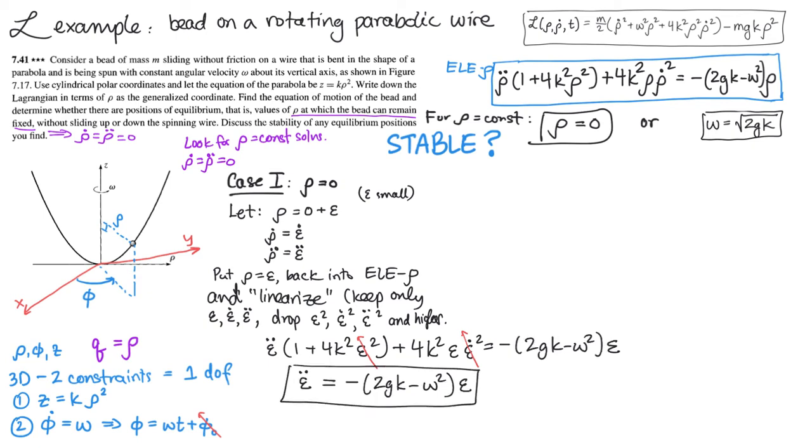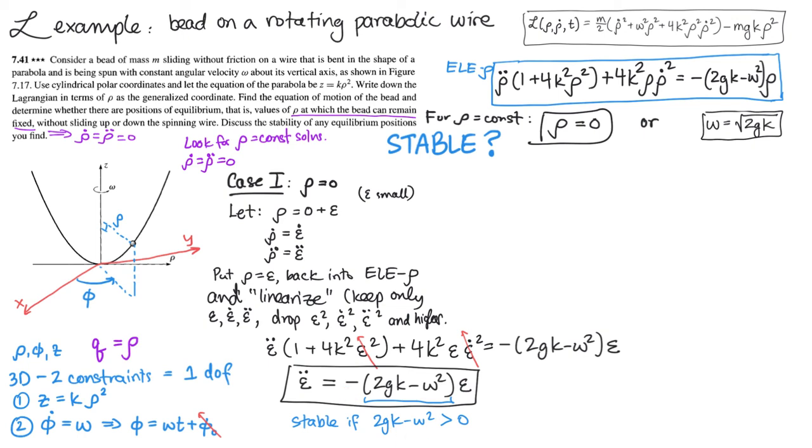This is an equation of motion that looks a lot like a mass on a spring, right? A function's second derivative gives you back minus a constant times that function. So this is stable as long as the term in the parentheses is positive. So this is stable if 2gk minus omega squared is positive, so that the overall relationship between epsilon double dot and epsilon has an overall minus sign.